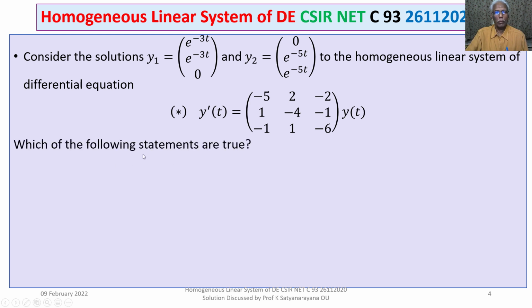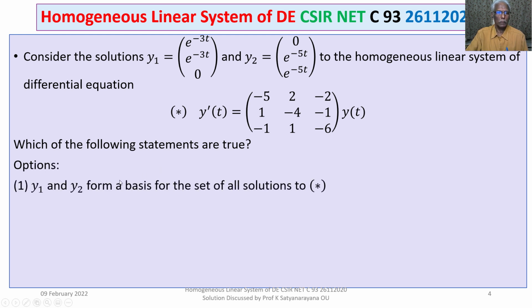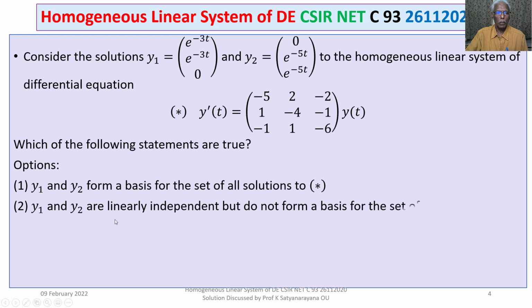Which of the following statements are true? Four options are given to us. Option 1: y1, y2 form a basis for the set of all solutions to star. Option 2: y1 and y2 are linearly independent but do not form a basis for the set of all solutions to star.